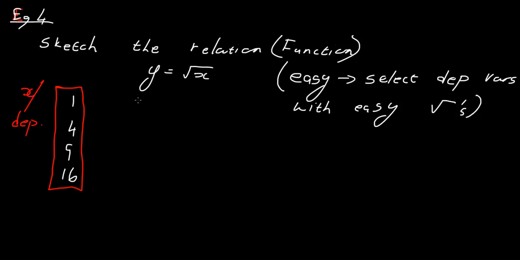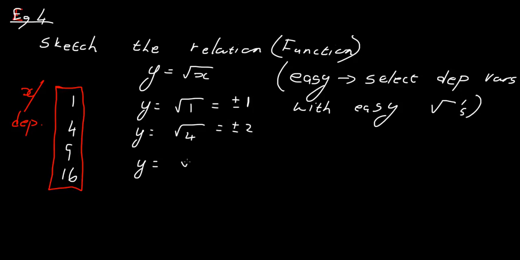So y equals root 1, which is equal to plus or minus 1. y equals root 4, which is equal to plus or minus 2. y equals root 9, which is equal to plus or minus 3. y equals root 16, which is equal to plus or minus 4.